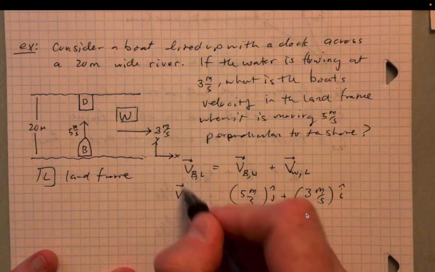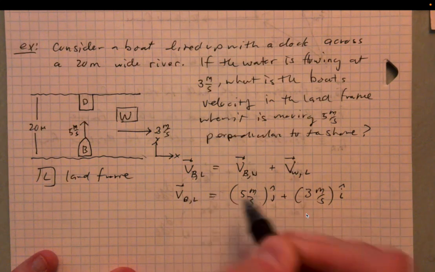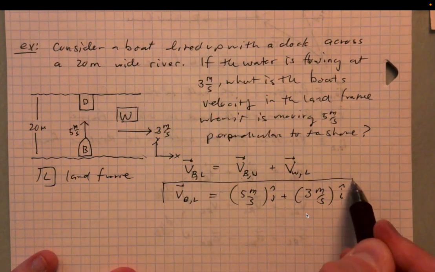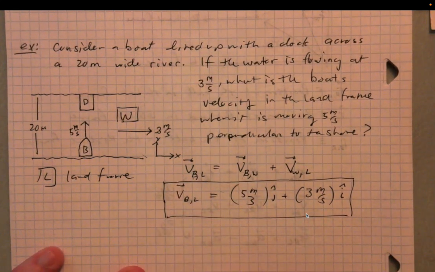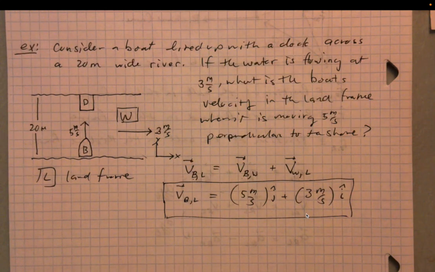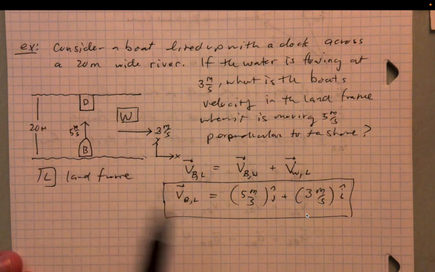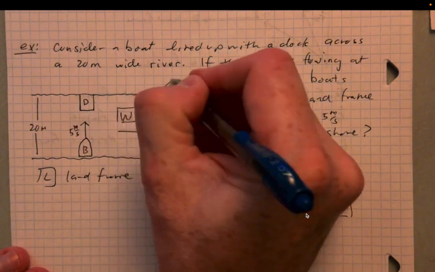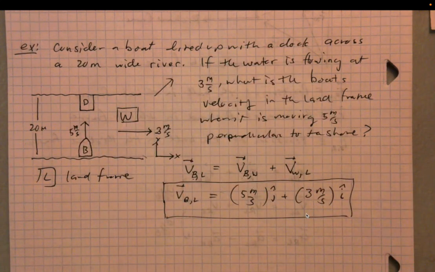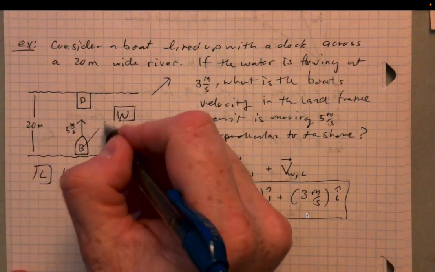Right, so the velocity of the boat relative to the land is this. It's a vector. It has both magnitude and direction. The direction, namely, captures this drift downstream. So the velocity of the boat relative to the land would be a vector off in this direction, wouldn't it? It'd look more like this.